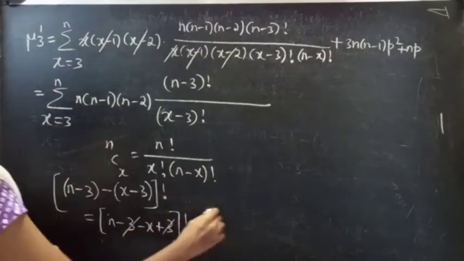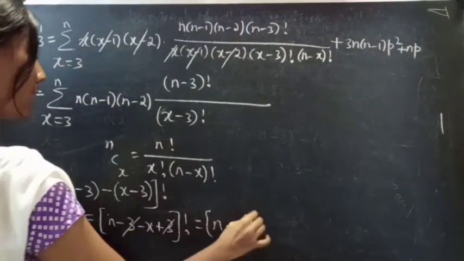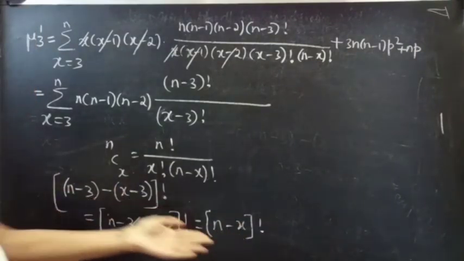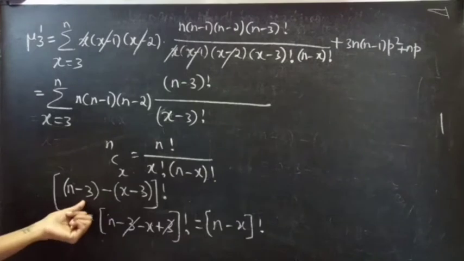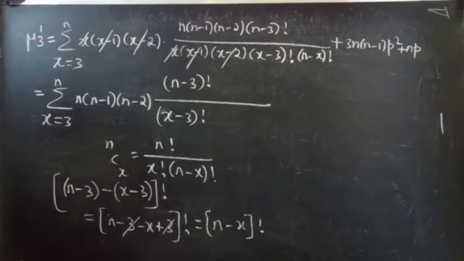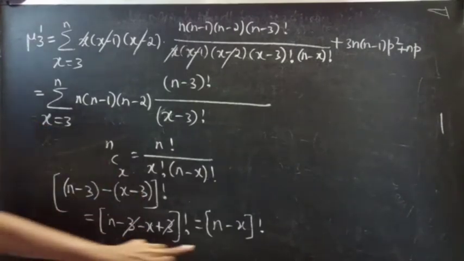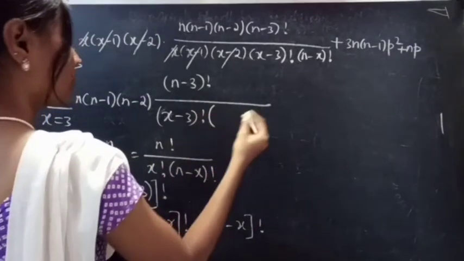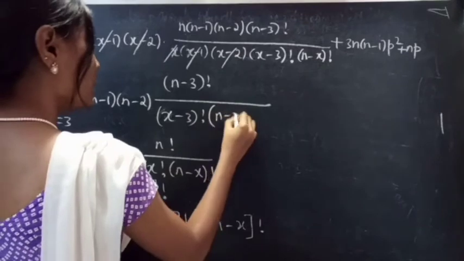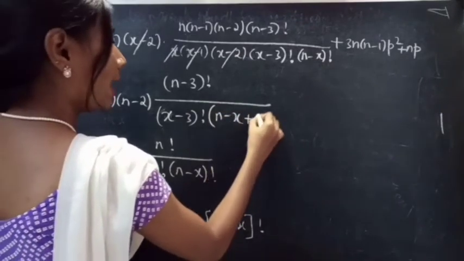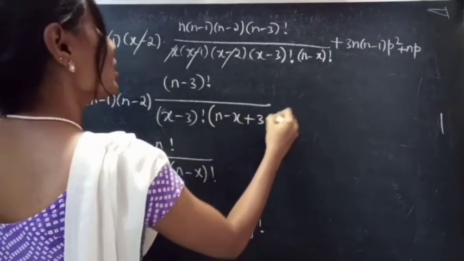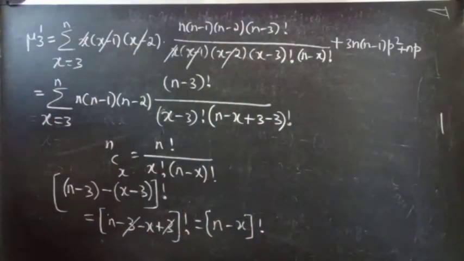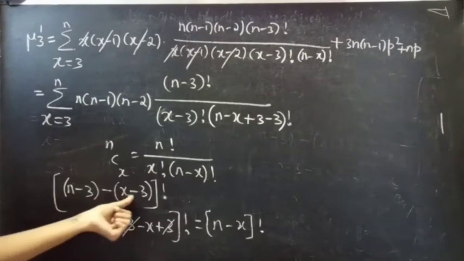So this is equals to n minus x factorial. You can replace this n minus x factorial by n minus 3 minus x minus 3. Okay. So before going to replace this directly, we'll simply write n minus x, will simply add plus 3 and minus 3 factorial. The next step will change it into n minus 3 minus of x minus 3.